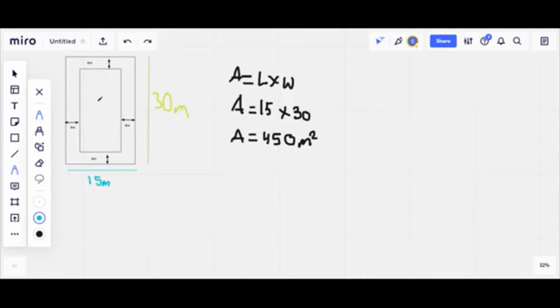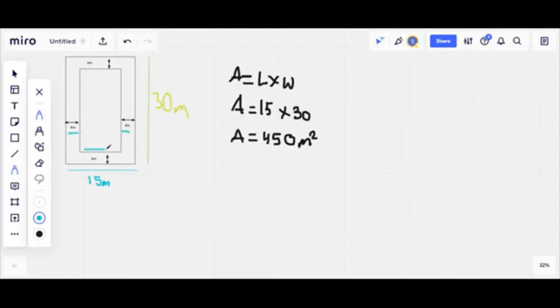So let's find this horizontal line first. So we know that the horizontal of the larger rectangle is 15 meters. And we can see here that the gap in between the larger rectangle and the smaller rectangle is 4 meters on each side.